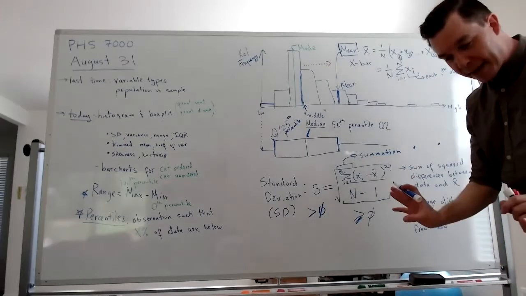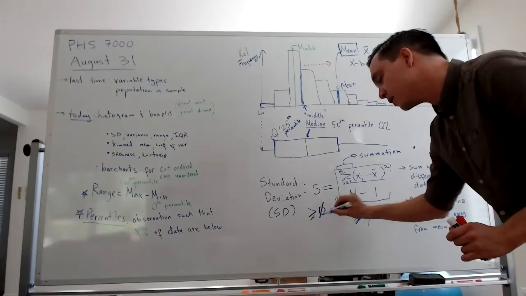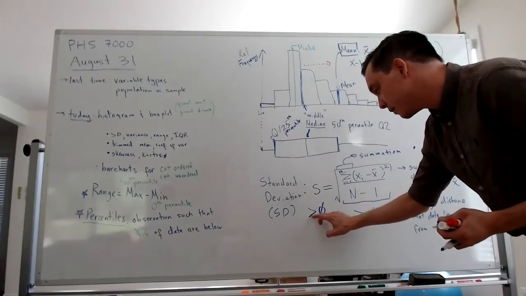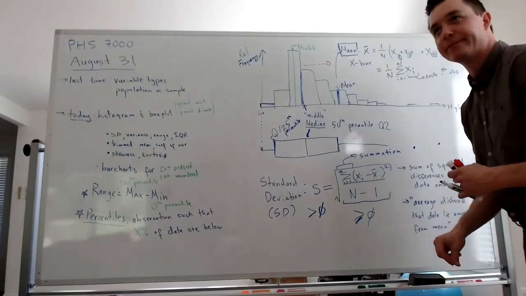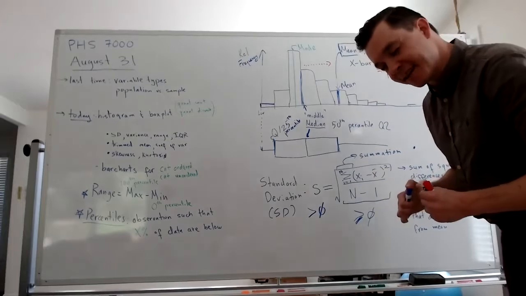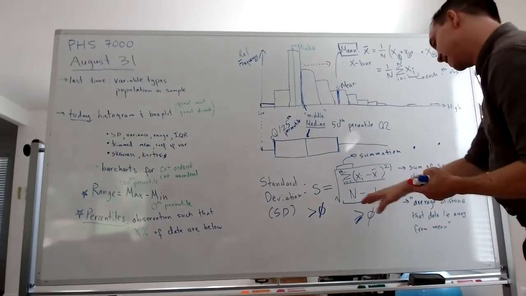And we're not a math class. In theory, it can be greater than or equal to 0, but the case where the standard deviation is 0 is a really silly case. Maybe as a homework example, you guys can tell me the case where the standard deviation is 0. It's a pretty good homework question.